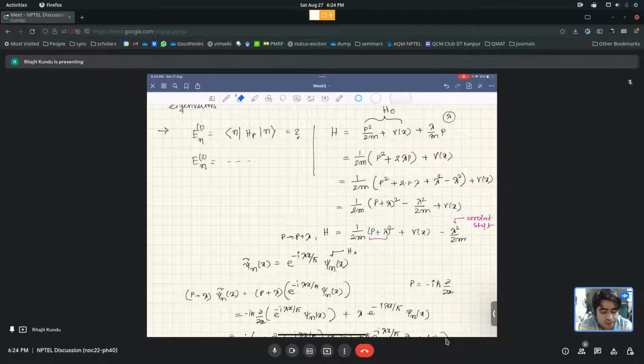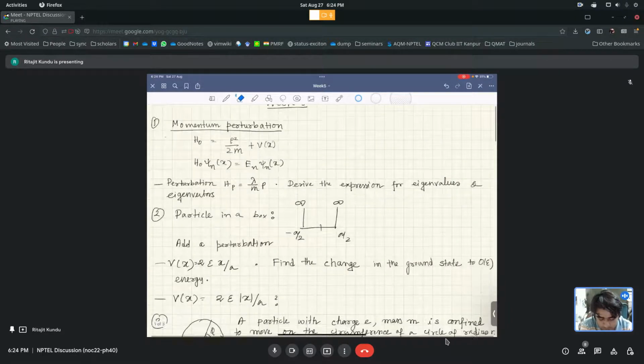You can do this analytically, which means you expand everything in powers of lambda and solve order by order. Otherwise you can numerically find the exact value and match your analytical perturbation calculations with that. So let us move on to the next one.